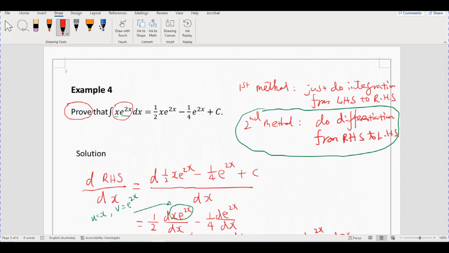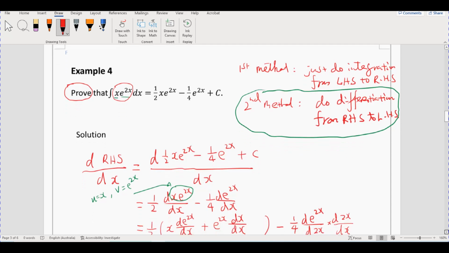But given the options, 90% or 99% of the chance, you should be using the second approach. You go from the right, you differentiate the right hand side, and try to prove that the derivative is just the things in that integral sign. All right, so we're going to do that.